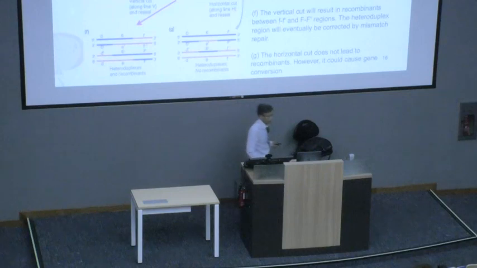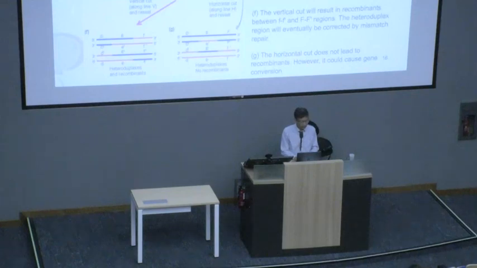Okay. Then once they invade, they undergo branch migration. In this scenario, they move to my right side. This region is not identical, it is just homologous, so they may have different alleles.